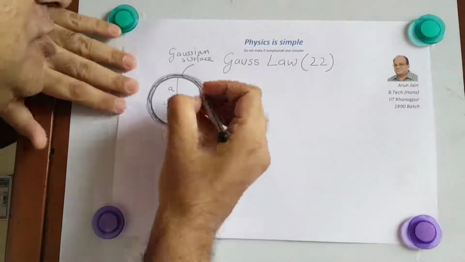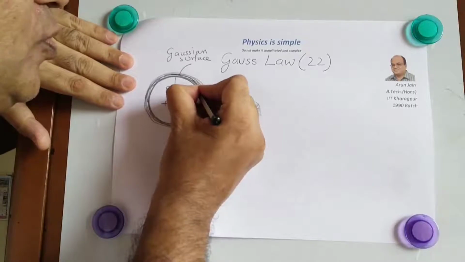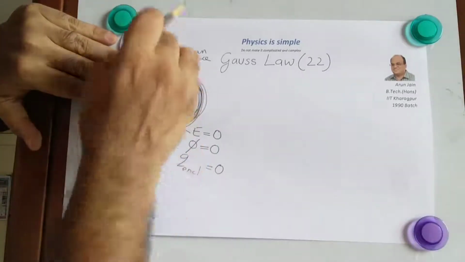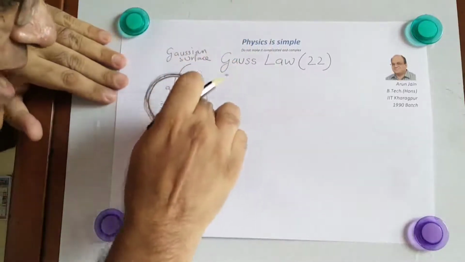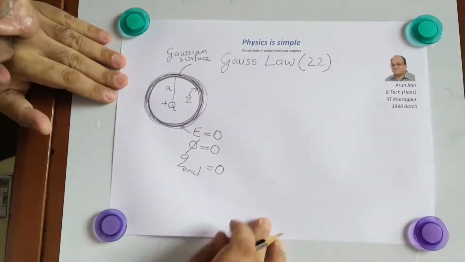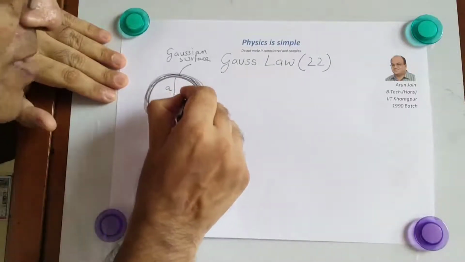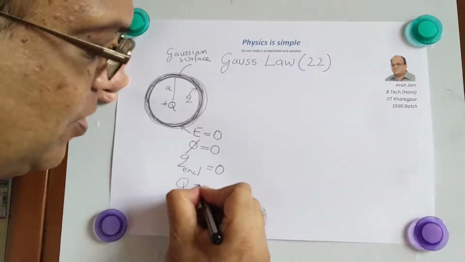If a charge q has come on the inner surface, then the charge inside this Gaussian surface is zero, which means this Q plus this q should be equal to 0.